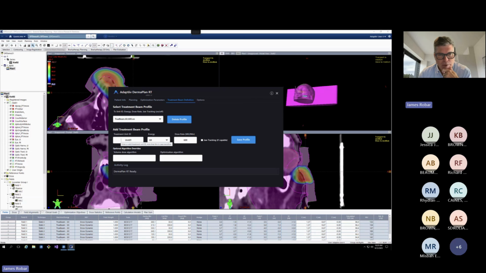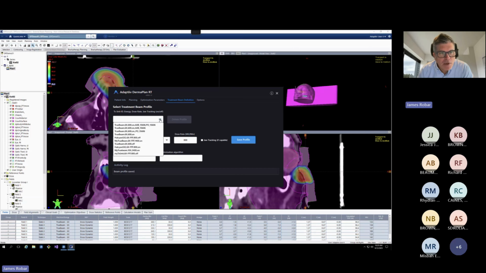Very simple. You specify your treatment units, here the energy that you want to use. So if it were a Halcyon unit, it could be FFF. You would enter a dose rate, and if applicable, whether or not you want jaw tracking, you can save that as a profile, and you can select it here.